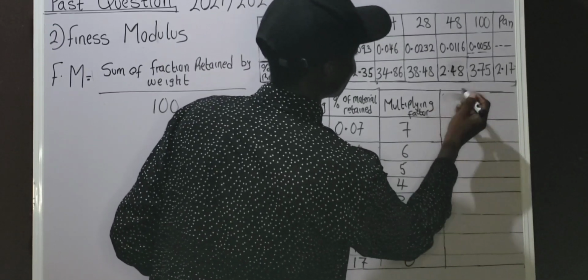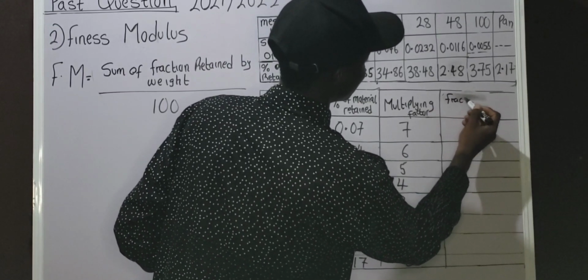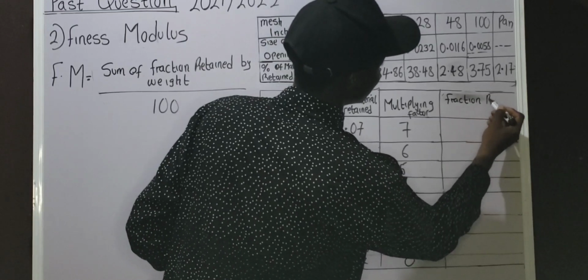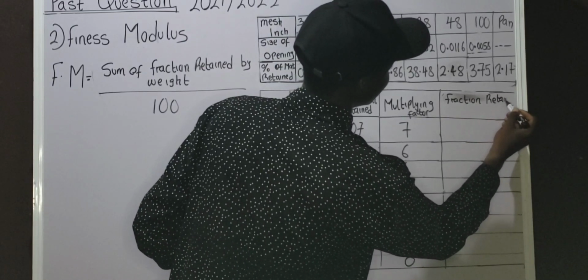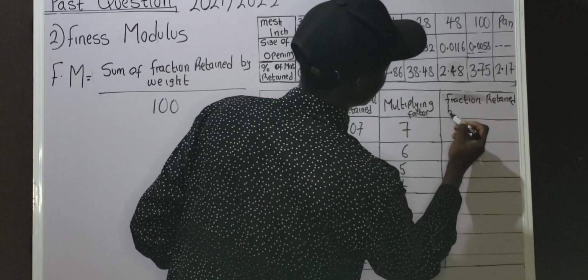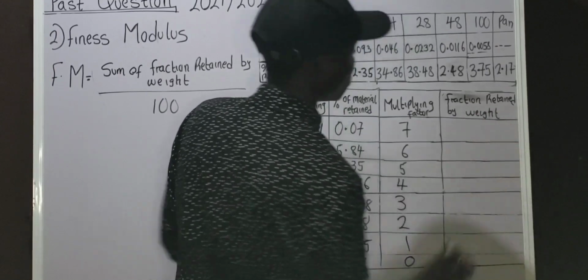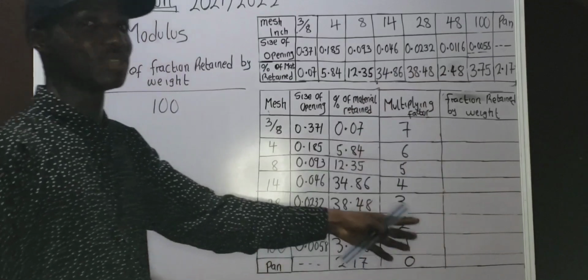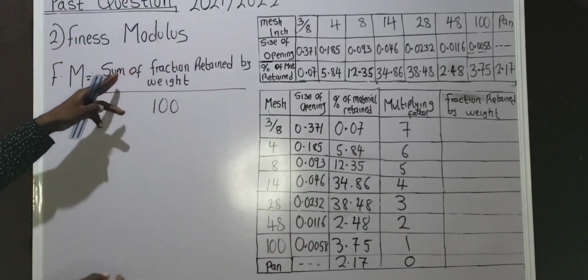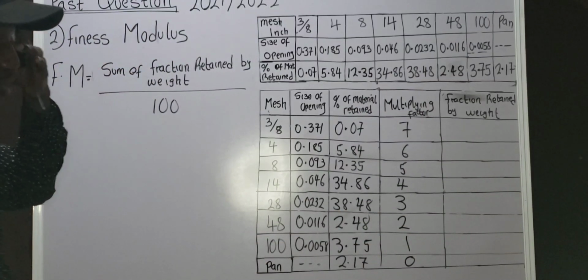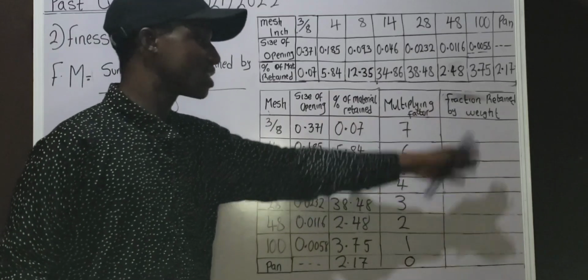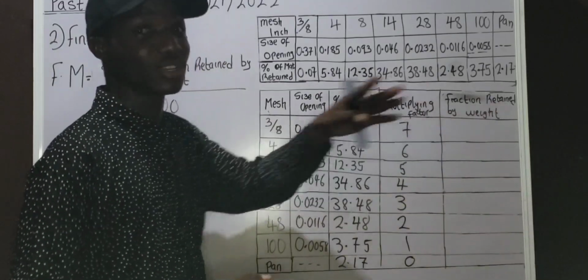I've not summed everything up. When I sum it up, that is what we call the sum of fraction retained by weight. But ordinarily this column stands for fraction retained by weight.